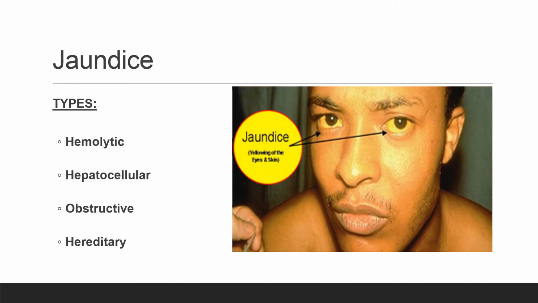And this is because there's a diminished amount of bile in the GI tract. You might see an obstructive type of jaundice as a result of prolonged hepatocellular jaundice.